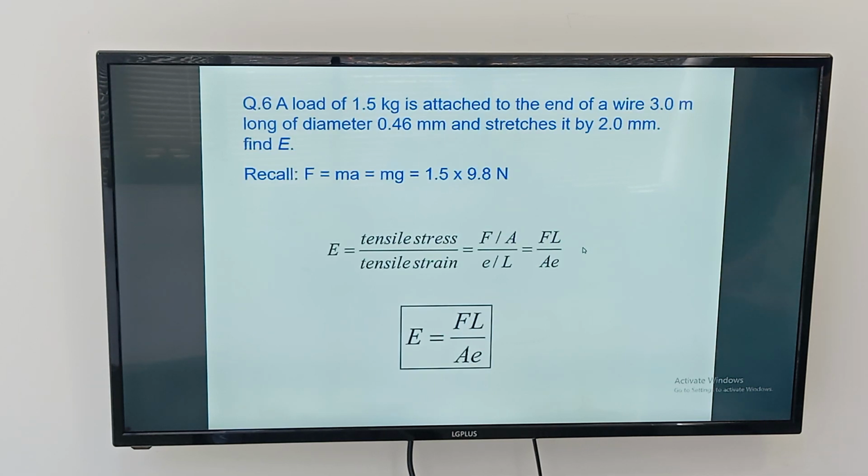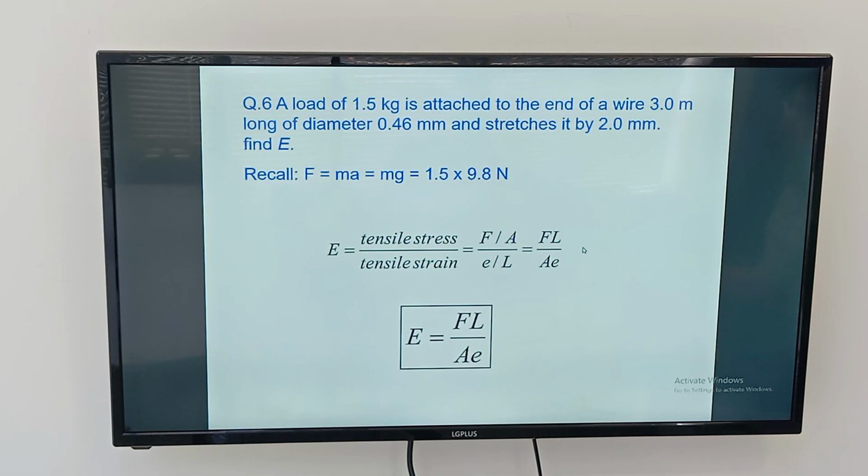Question number 6. A load of 4.5 kilogram is attached to the end of a wire, 3 meters long, of a diameter of 0.46 millimeter, and stretches it by 2.0 millimeter.